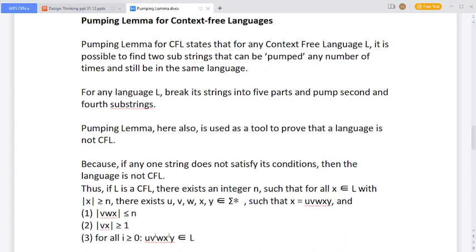So the pumping lemma is a tool used to prove that a language is not context-free.